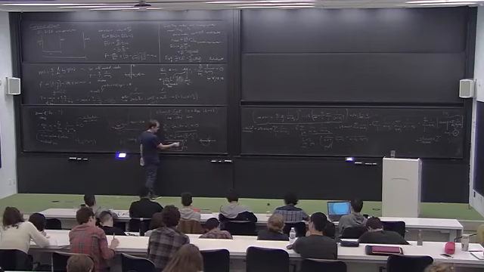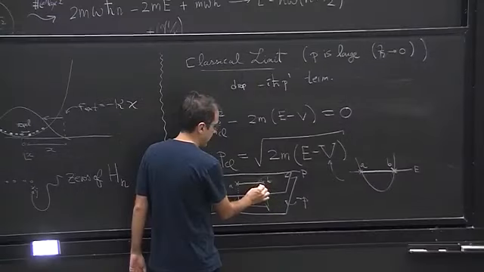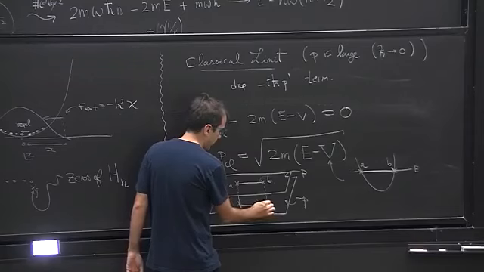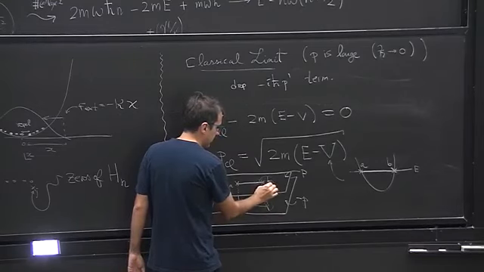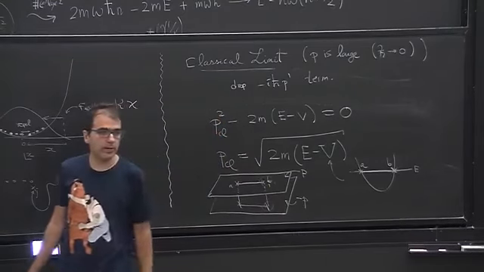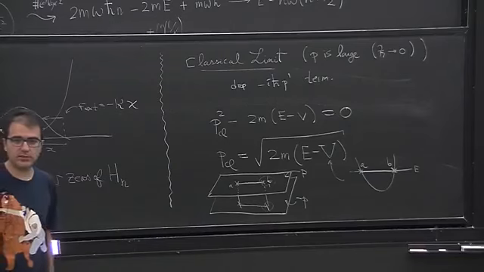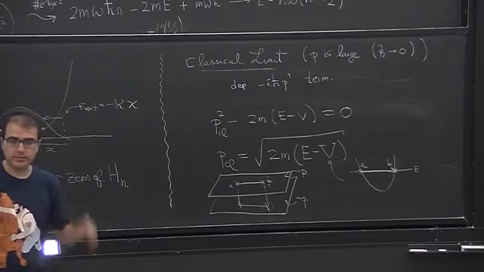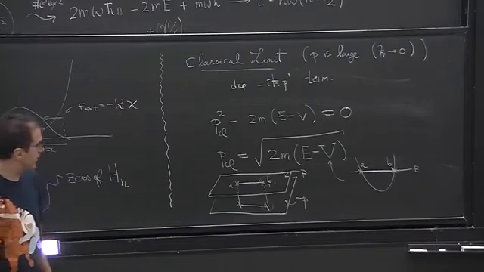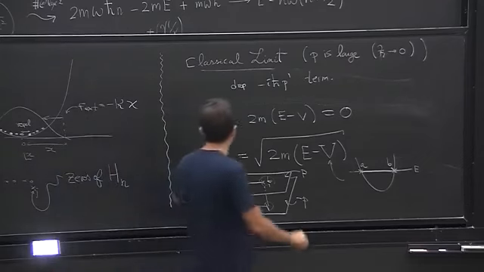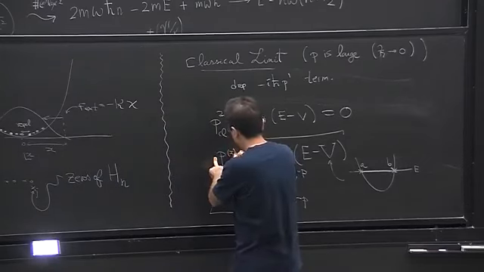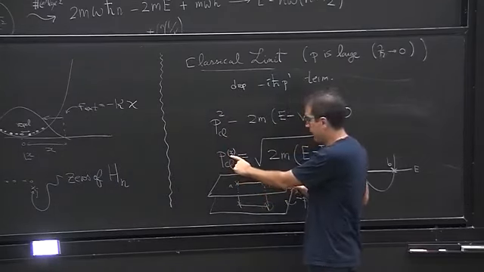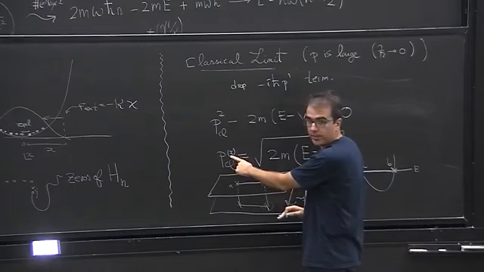So it means that when I go around a point, I come here, I need to go around twice to go back to the same point. That's the definition of a square root. Right? What are these surfaces? So I'm just saying that P, as a function of x, I should think that x lives on two copies of the complex plane.